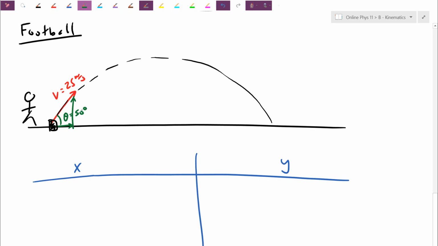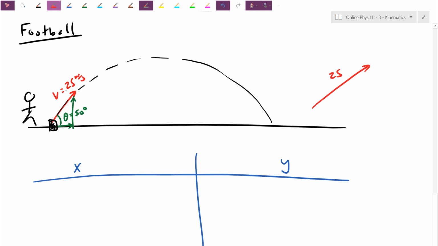Again, the trouble is I cannot put that 25 in either the x or the y. Let's think for a second. The football would have just been sitting here had I not kicked it. When I kick it, because my foot is in contact with the ball, I definitely apply some acceleration and speed it up.